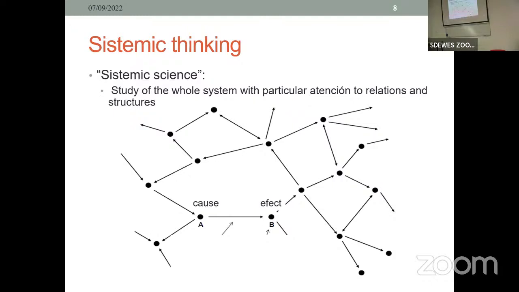So in this whole system, there is not only one relation, but a lot of feedbacks and other relations appear that give the whole system a different overview. So in this kind of whole system, usually feedback appears. So we cannot consider an isolated relation between two facts, cause and effect, but we have to consider all the system and all the relations like a whole.